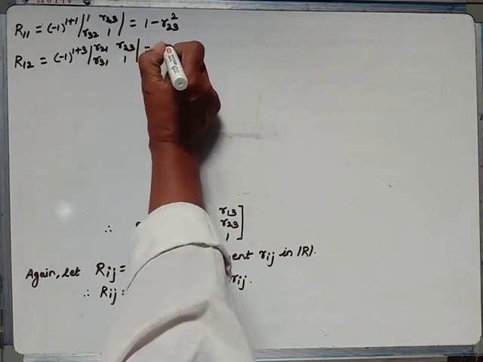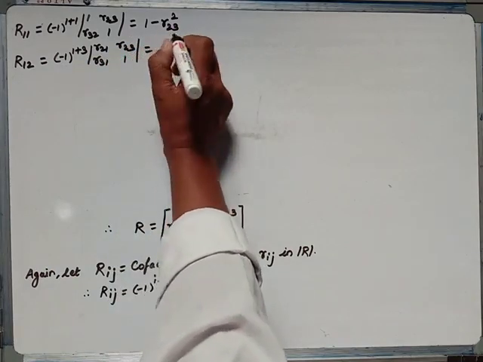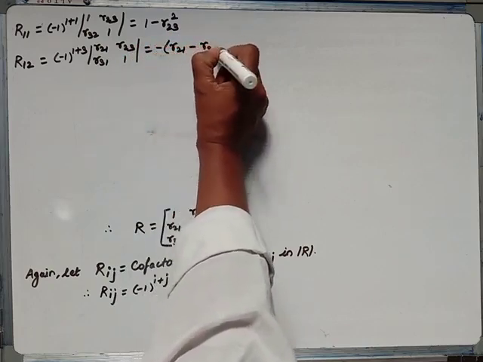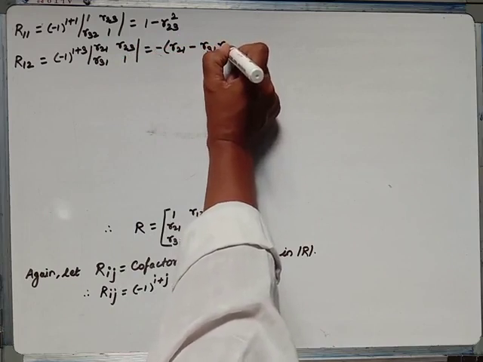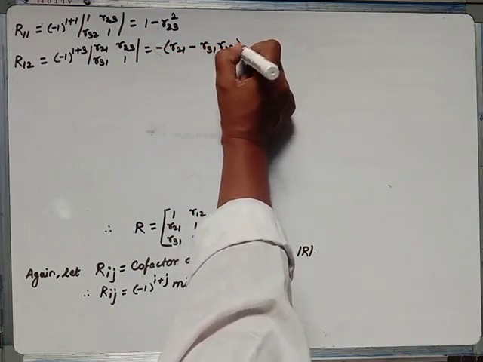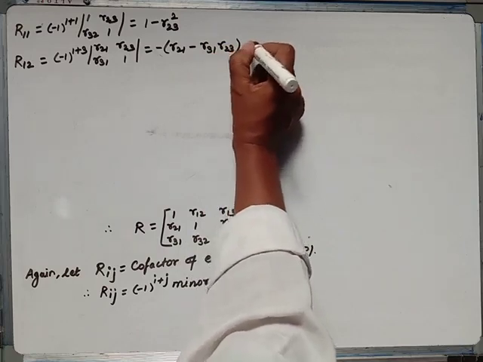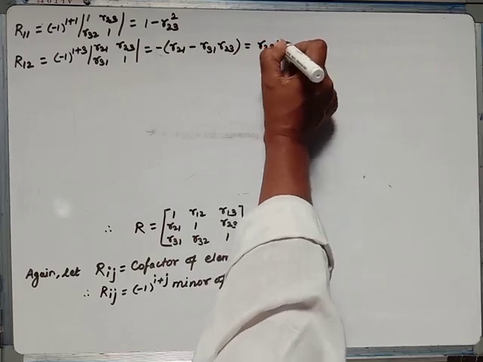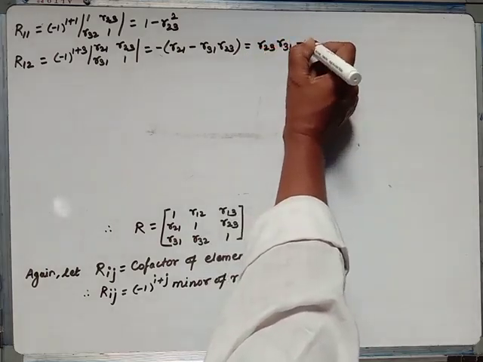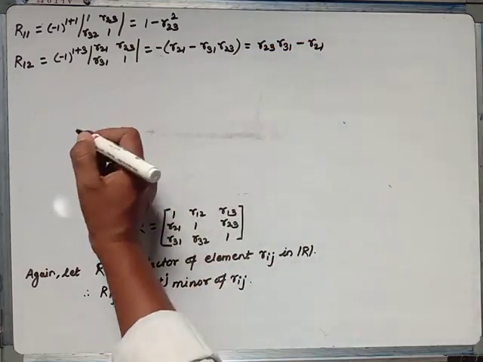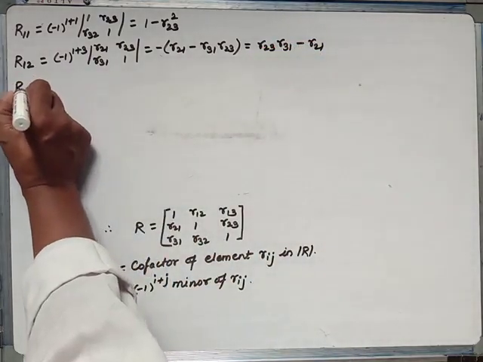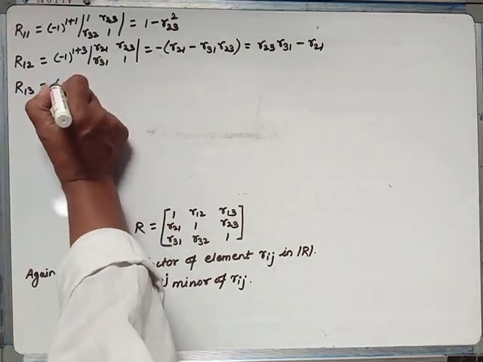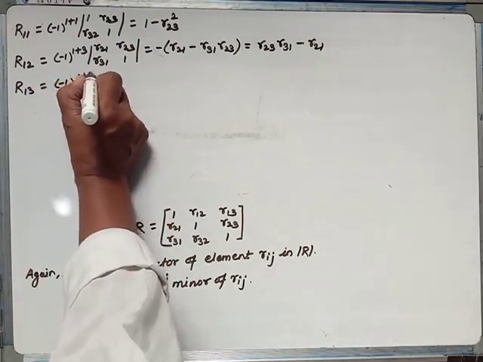So this is minus (R21 minus R31 R23), which is the same as R23 R31 minus R21. Okay. Then next R13. R13 will be minus 1 raised to 1 plus 3.